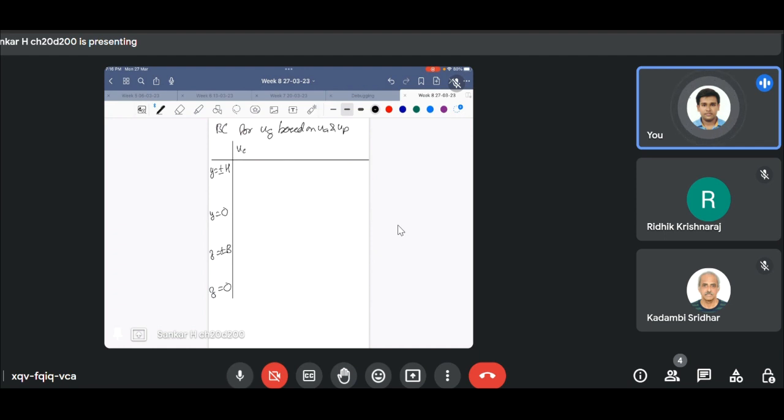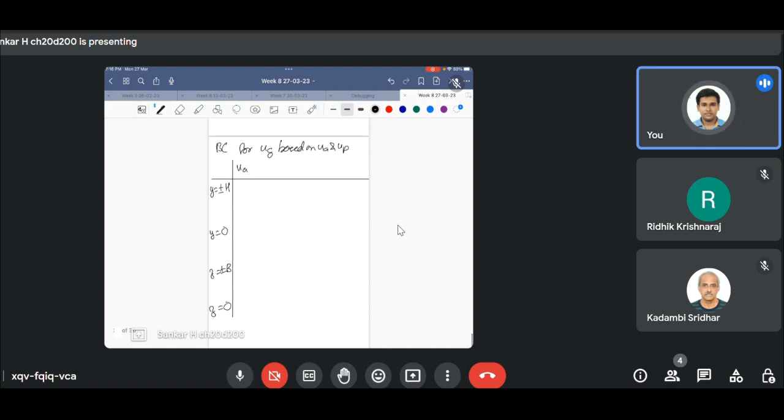So let me write down the boundary conditions for UA. What is the value of UA at plus or minus h? 0. I'll keep some space here.